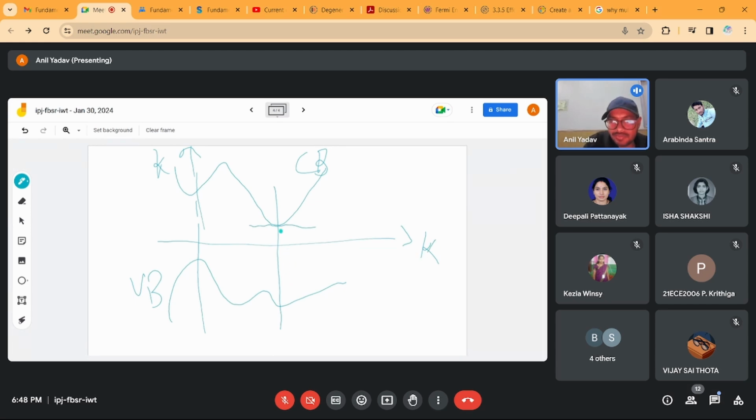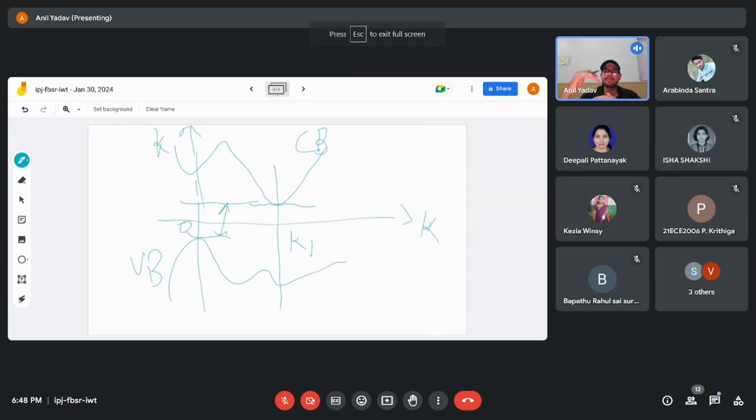This is k1 and this is k equal to 0. So the minima of the conduction band and maxima of the valence band lie at different values of k. Whenever we take the band gap, that is the difference between the minima of the conduction band, wherever it lies in the E-K diagram, and the maxima of the valence band. This is 1.12 electron volts.